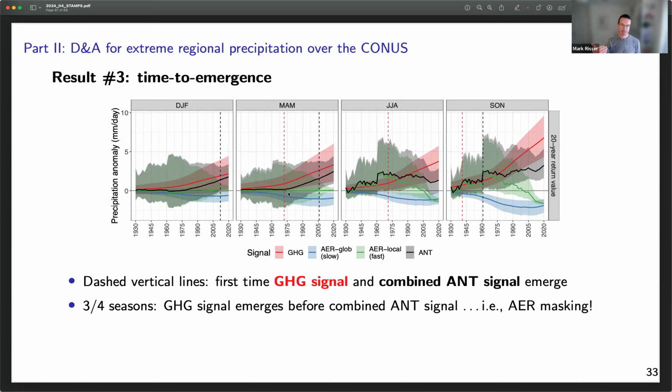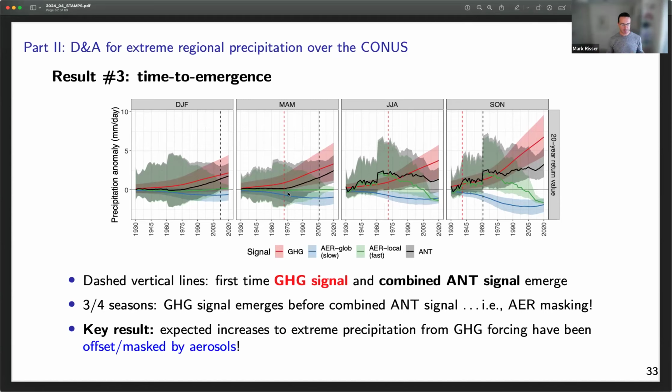What that also implies is that there's this masking happening from the aerosol: the slow aerosol and the fast aerosol response are offsetting the expected increase due to greenhouse gas emissions, so they're masking the effect of greenhouse gases on the overall anthropogenic signal.